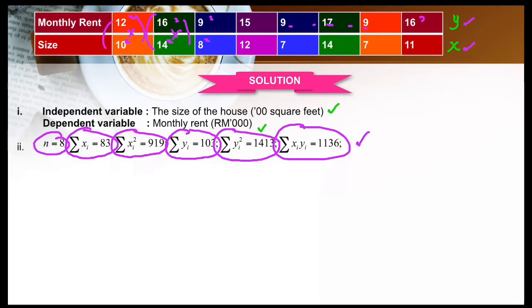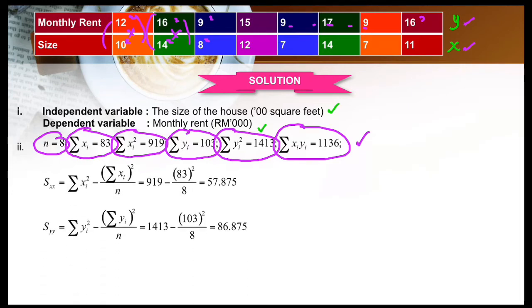Complete this one first. Then find Sxx, Syy, and Sxy. Why? Because we want to complete the table.